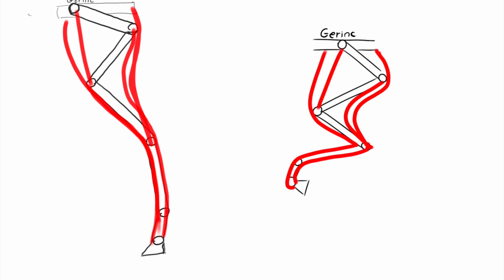As you can see in the right picture, as I said before, it's a flexion. Here all the muscles are flexed and in a shortened position, and that's what puts the horse's legs in flexion.